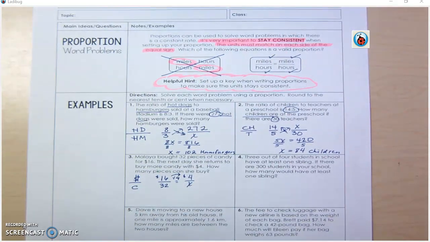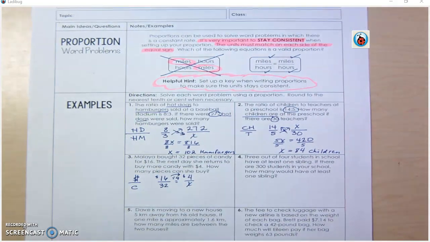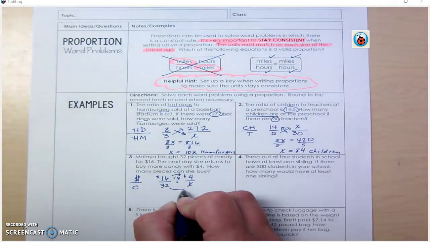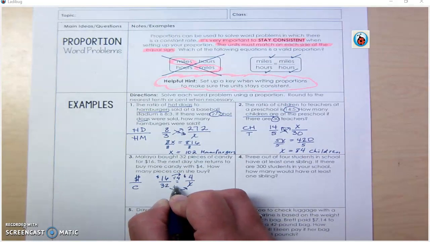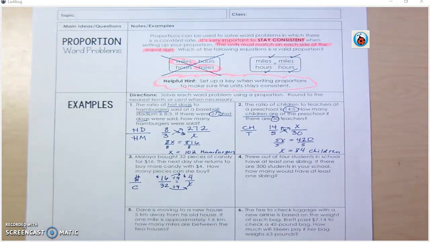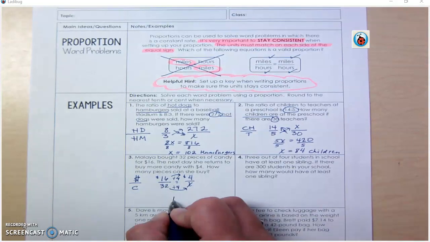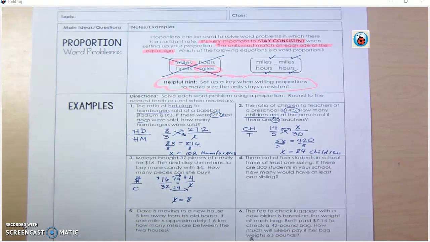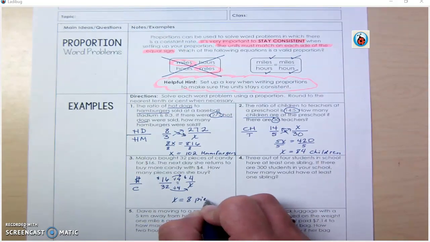So hopefully you have seen that from 16 to 4, we have reduced our values by 4 times. We can use the same proportionality to our denominator values, and as a result, x is going to be equal to 8, which represents 8 pieces of candy.